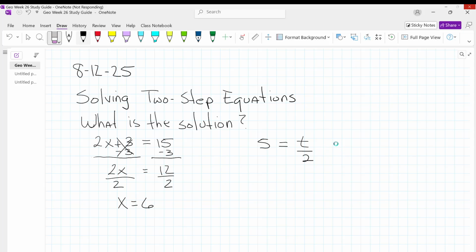There's going to be a minus 3 over here as soon as my computer cooperates. All right, so in this case, the variable is being subtracted from, so we're going to add 3 to each side.